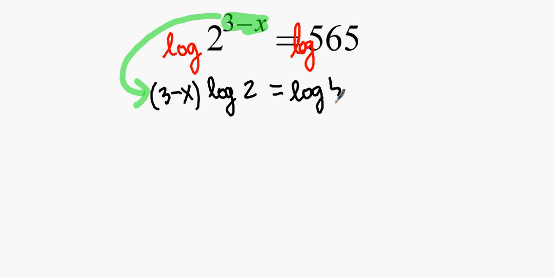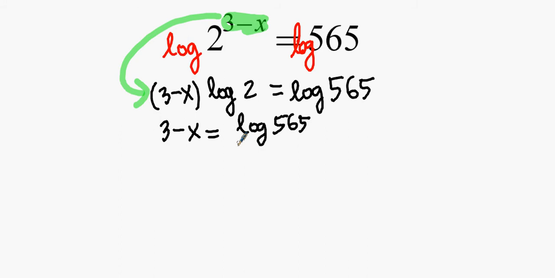log of 565. There are a few ways in which I can solve this problem, but I'm just going to get rid of everything that doesn't have x here. So I'm going to keep 3 minus x equals log 565 divided by log 2.